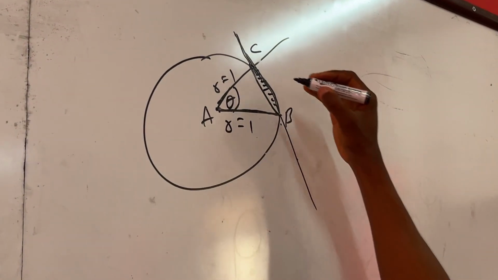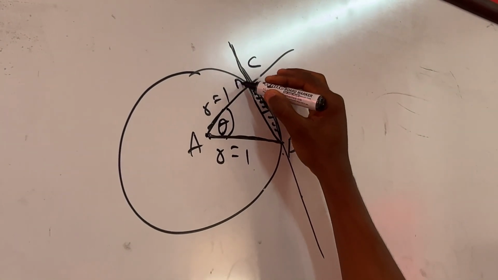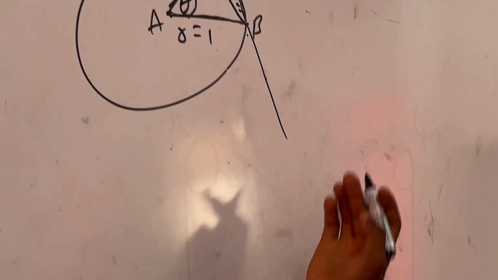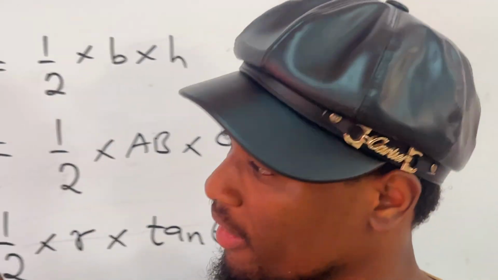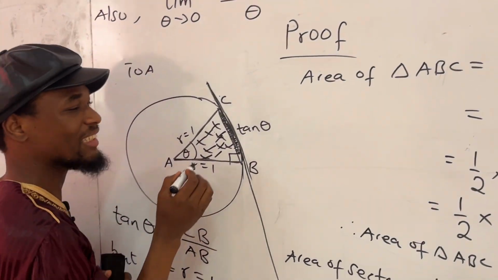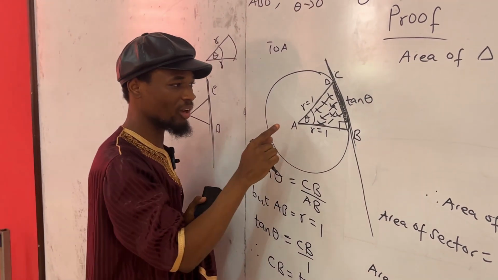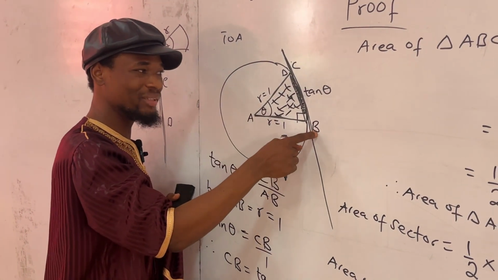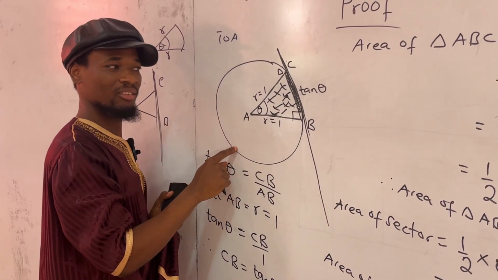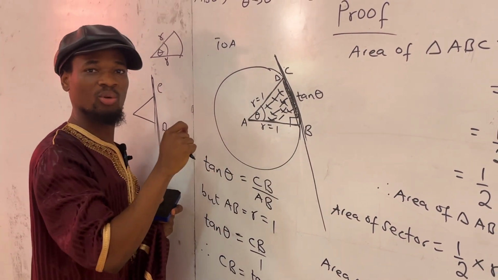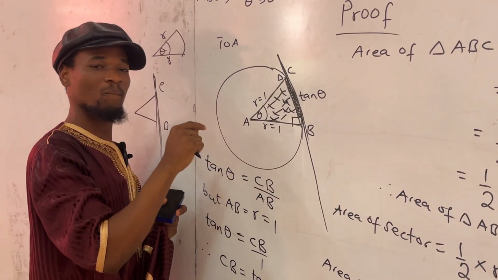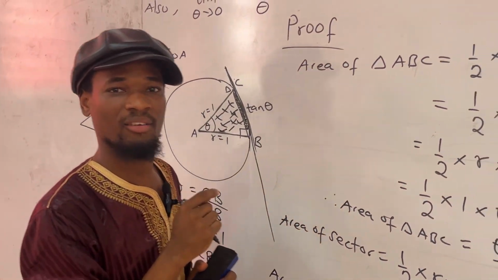So let me call this side D. Okay, so viewers here, again, the same diagram. Let me call this side D. All right. So we now have A, B, D. So we are going to calculate that area. All right.